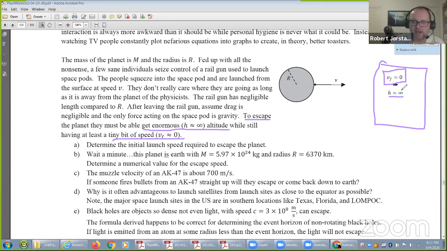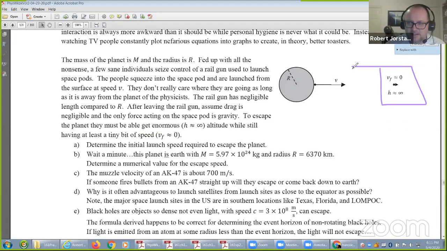Think about it. If you got to infinity with a greater speed than that, you would keep going and get farther from the planet. If you have zero speed at some other spot, you're going to go out there and then fall back and you didn't escape. So, got it. We're trying to escape. These are the assumptions you make.